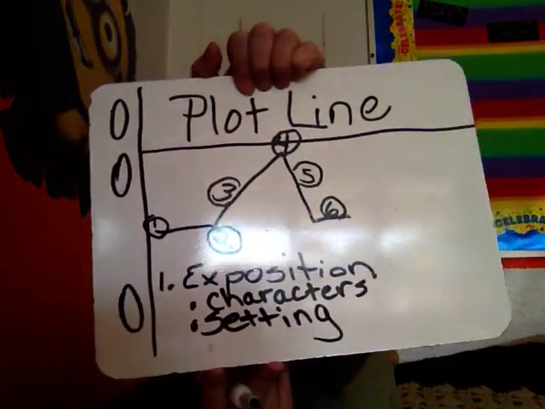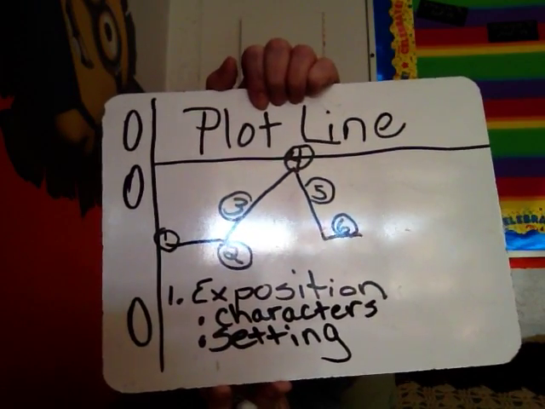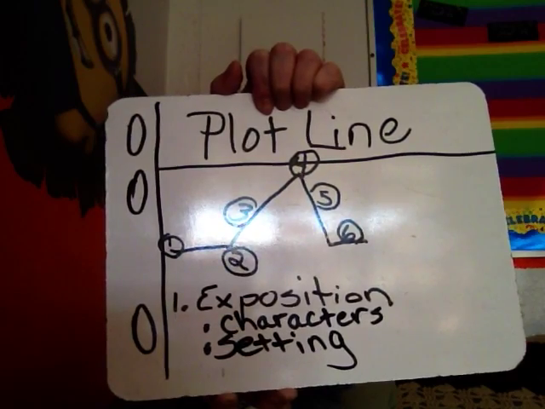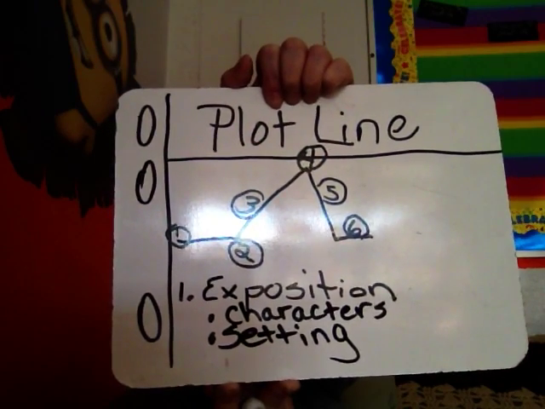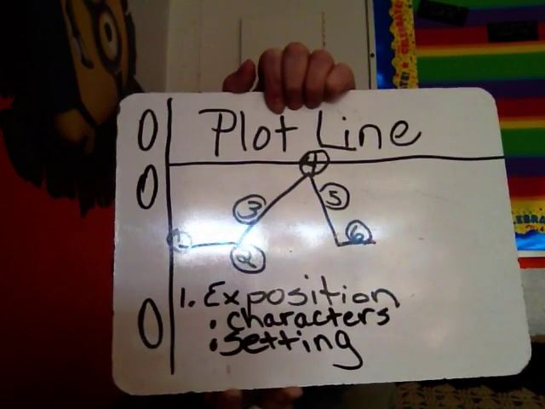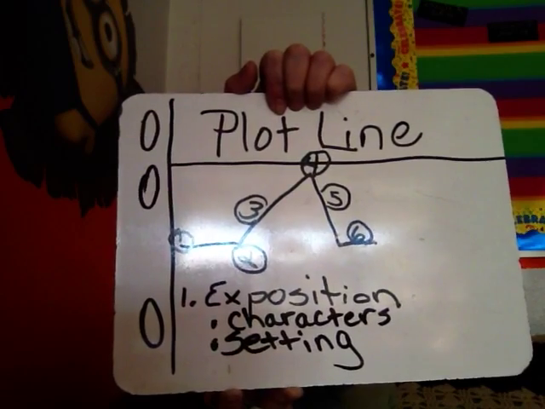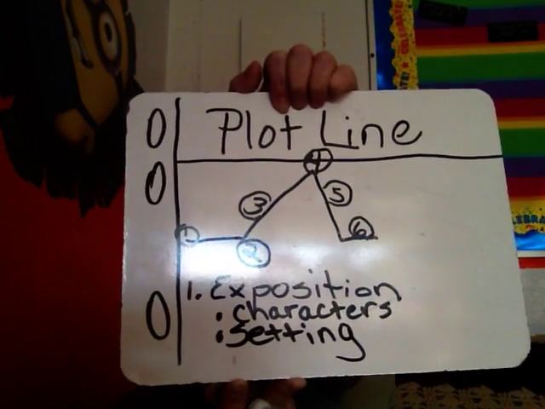And then underneath that, we're going to write the word setting. S-E-T-T-I-N-G. The beginning of our story, we are going to learn about the exposition, or the characters and the setting of the story.